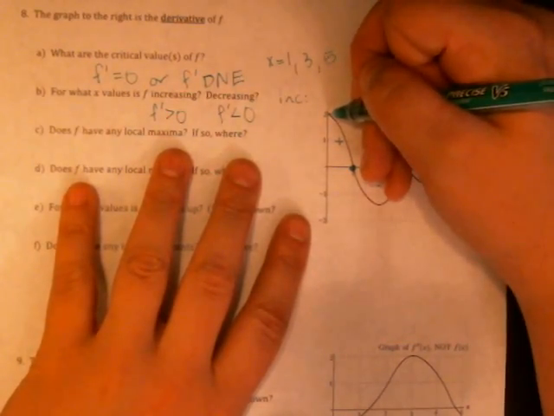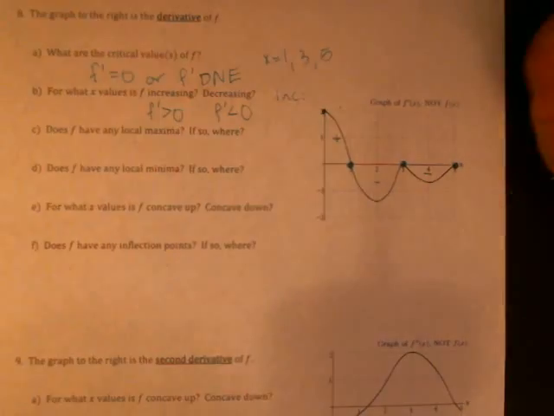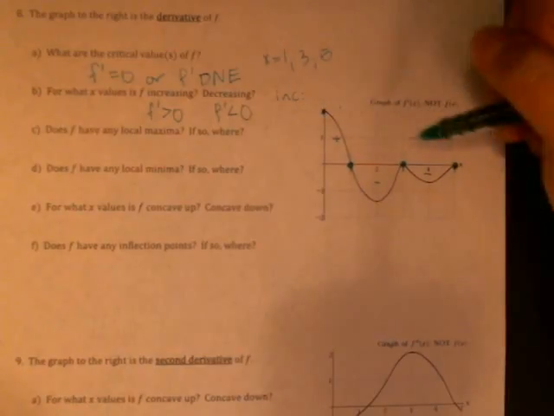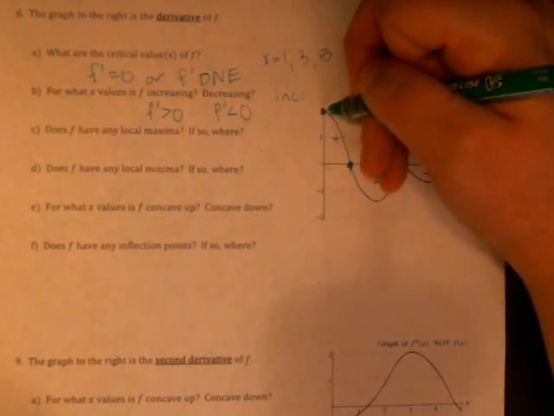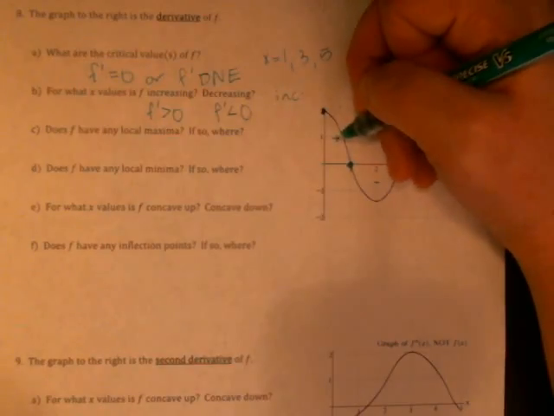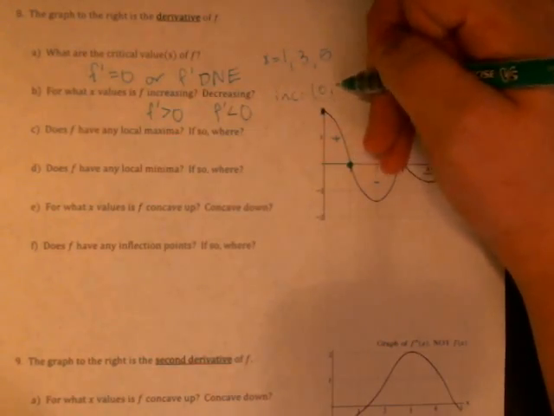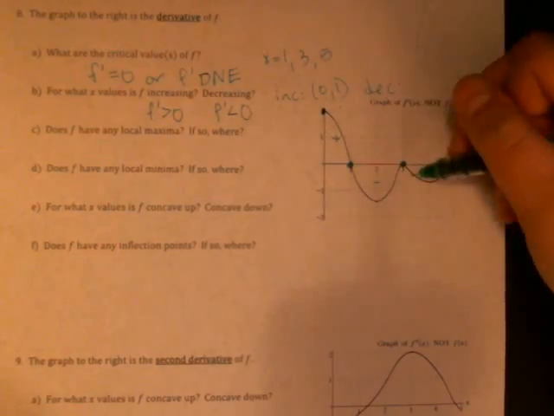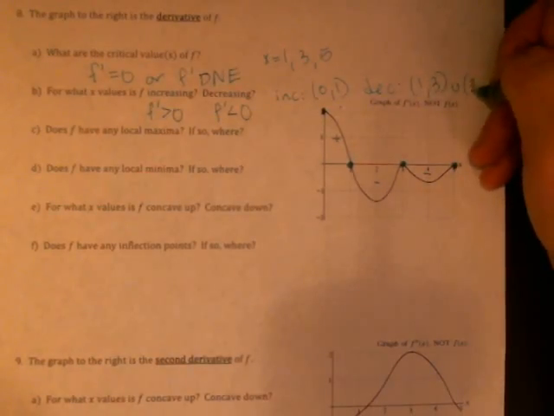Let's just pretend the graph dead ends at this point and at this point. I love these graphs and I snagged them from somebody, but I don't like that they don't give us arrows or closed circles or open circles to tell us whether it ends. So we're going to pretend it ends. So we're going to say it's increasing from 0 to 1 and decreasing from 1 to 3 and then from 3 to 5.